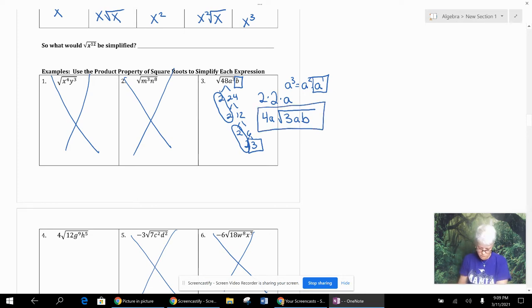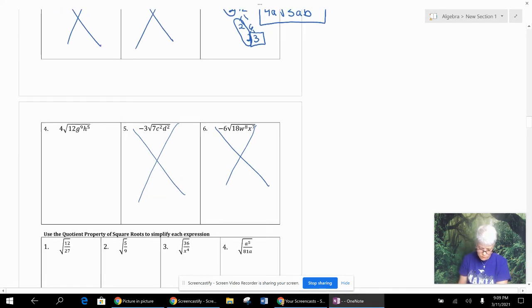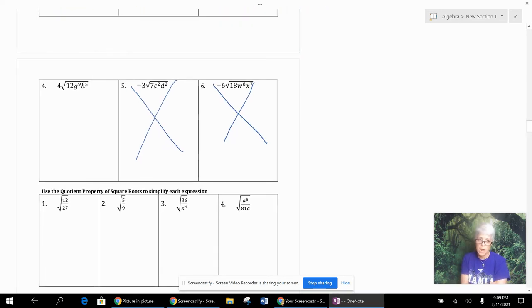Fun, fun. Let's look at this next one. The next one's different because it has a 4 on the outside. So whatever we pull out is multiplying with that 4, so keep that in mind. Here I have a 4 and a 3, so I'll break it down more: 2, 2. So I can pull these 2's out.